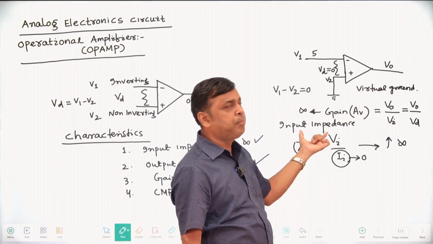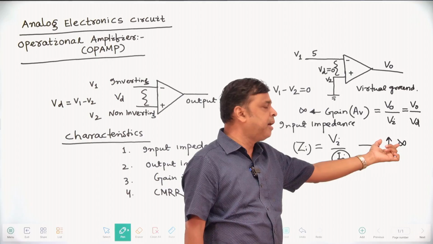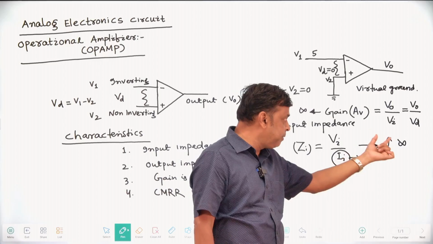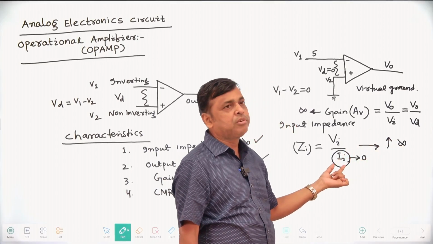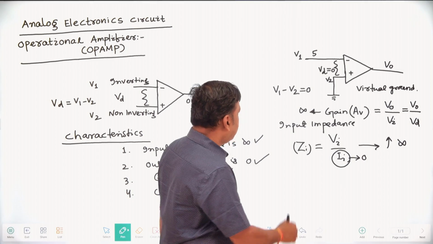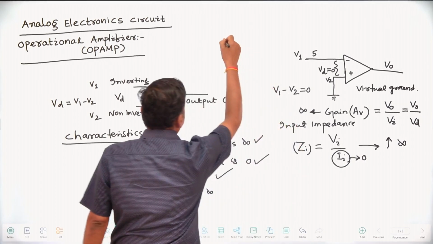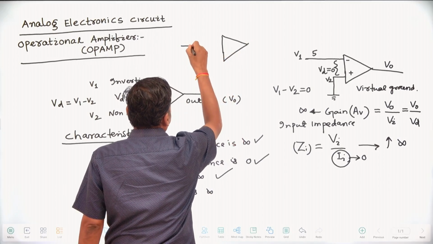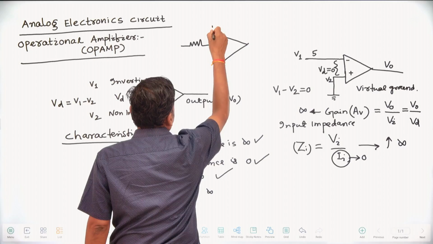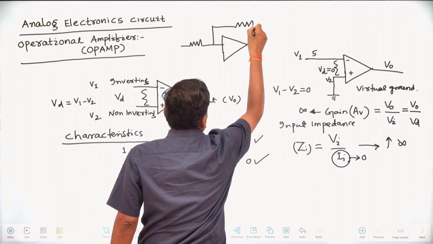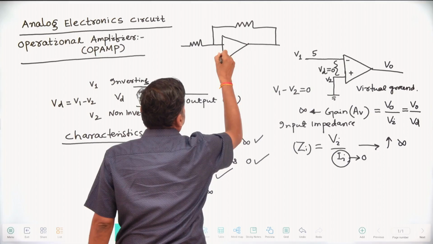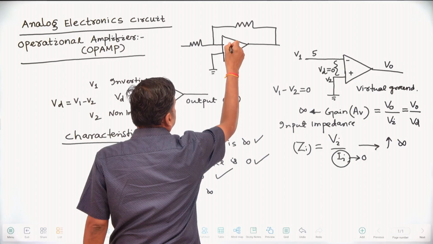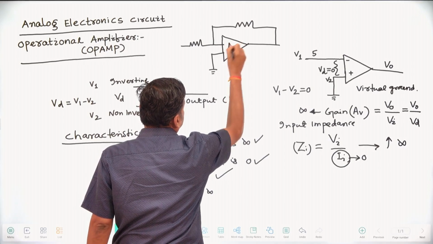Similarly, the input impedance is infinite or very high. If the input impedance is infinite, the input current must be 0, because of what? Suppose the question is like this. Here I can say AV is the voltage gain.